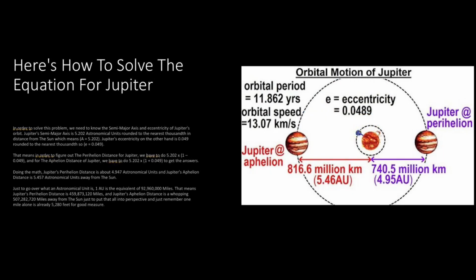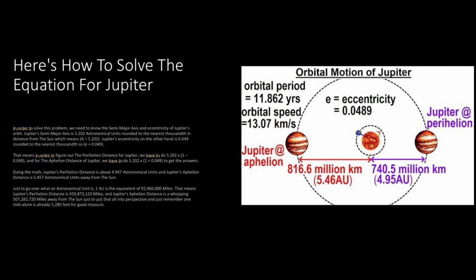In order to solve this problem, we need to know the semi-major axis and eccentricity of Jupiter's orbit. Jupiter's semi-major axis is 5.202 astronomical units, rounded to the nearest thousandth, in distance from the Sun, which means A equals 5.202.